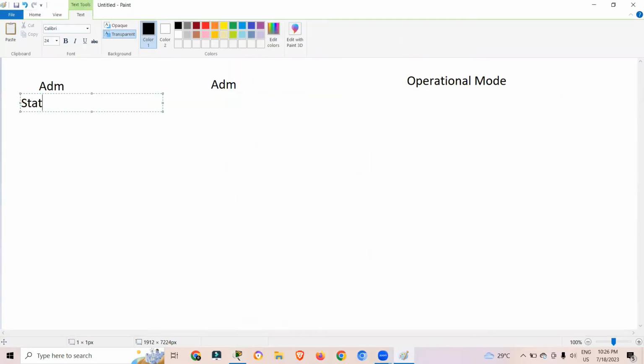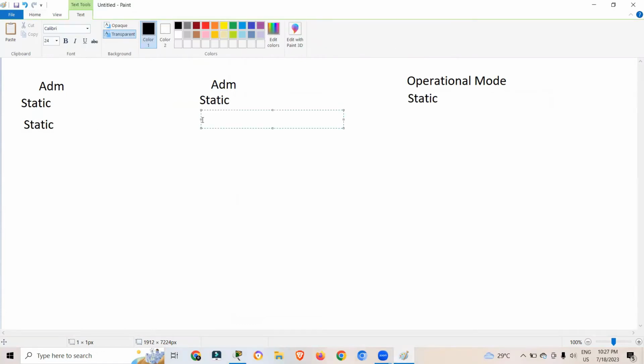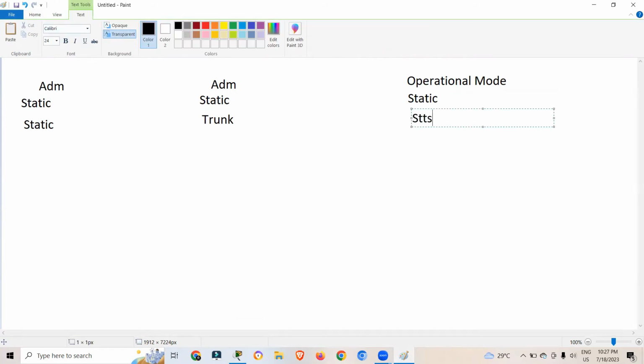So let me define some. If there is static mode in the administrative mode and the other side also has static mode, then the operational mode will be static. If the administrative mode is static and the other switch has trunk mode, the combination of these two will be static.